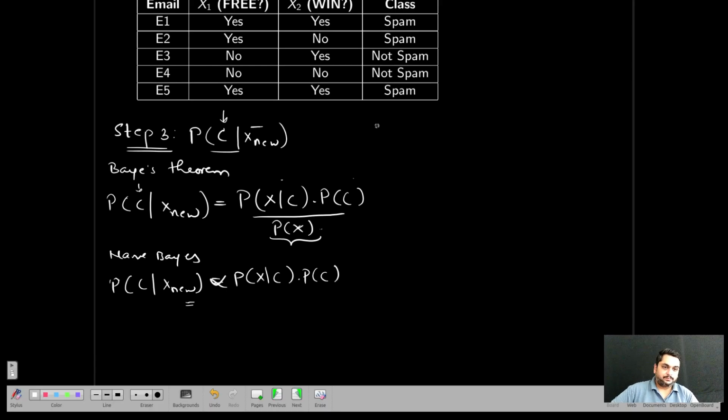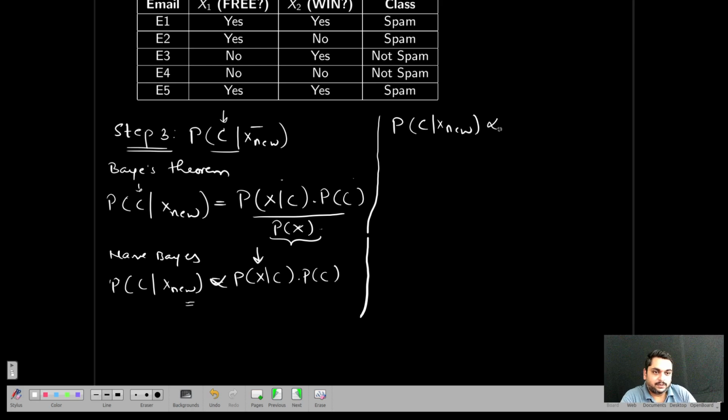So this is the basic rule of naive Bayes. Now this is still not over, because this x contains multiple variables, that is, both x1 and x2 here. It may contain any number. So in that case, how will you find it? I am deriving the exact formula for naive Bayes. So P of c given x new is proportional to probability of, I have two variables here, x1, x2, given c into P of c.